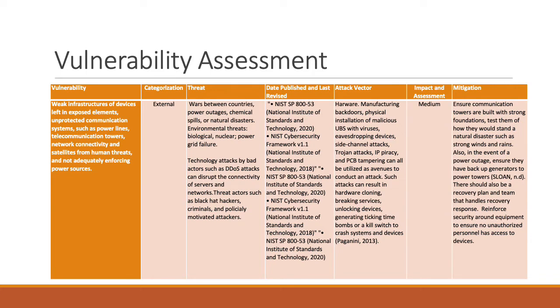Examples of threats include potential adversary governments, power outages, chemical spills, natural disasters, environmental threats such as biological or nuclear issues, as well as a power failure. Technology attacks by bad actors can potentially also be a threat, which can disrupt the connectivity of servers and networks. Threat actors such as black hat hackers, criminals, or politically motivated attackers can exploit these types of vulnerabilities.